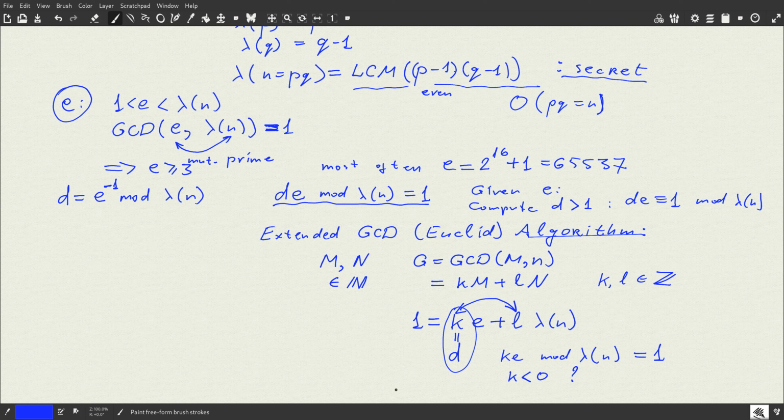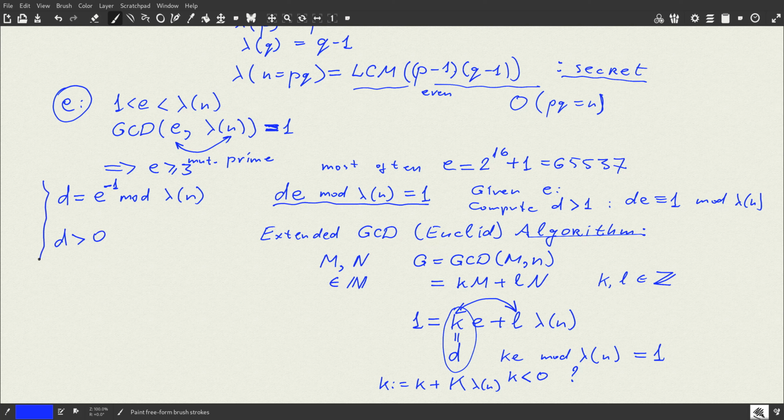Yes, so basically if it is negative, then we modify it. We say k plus any number of lambda of n, which means that k times e plus lambda of n are subtracted from the other part, and this relation still holds. So assume that d is positive in this case.